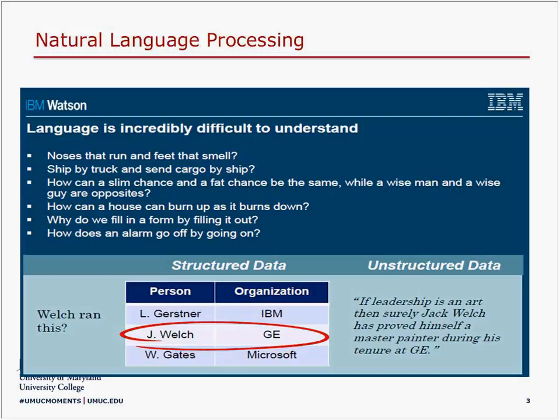Very easy to match the name of the person with the organization in which they work. But if we get the information from this table and put it in an unstructured way, like in the phrase here to the right, you will see that in order to interpret what is in this phrase, we need to think in the context, because maybe instead of thinking about the tenure of Jack Welch in GE, we can think about a painter.